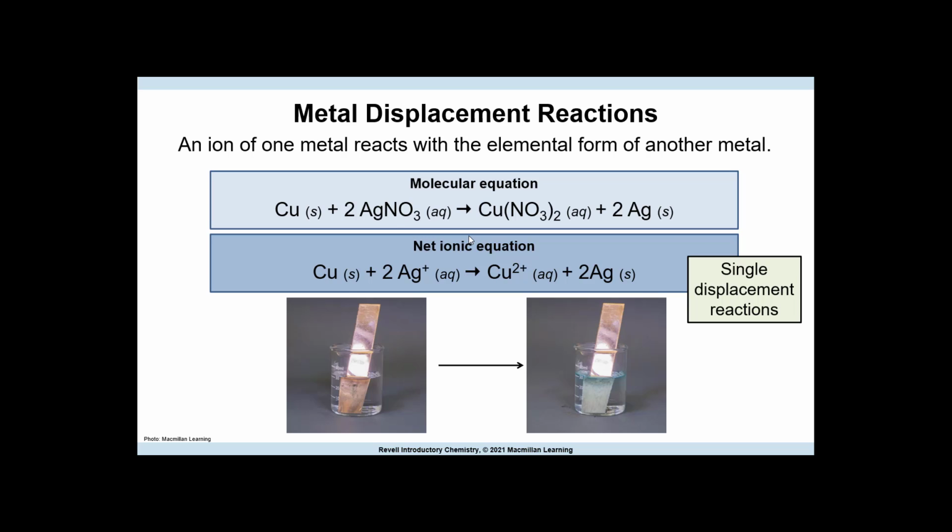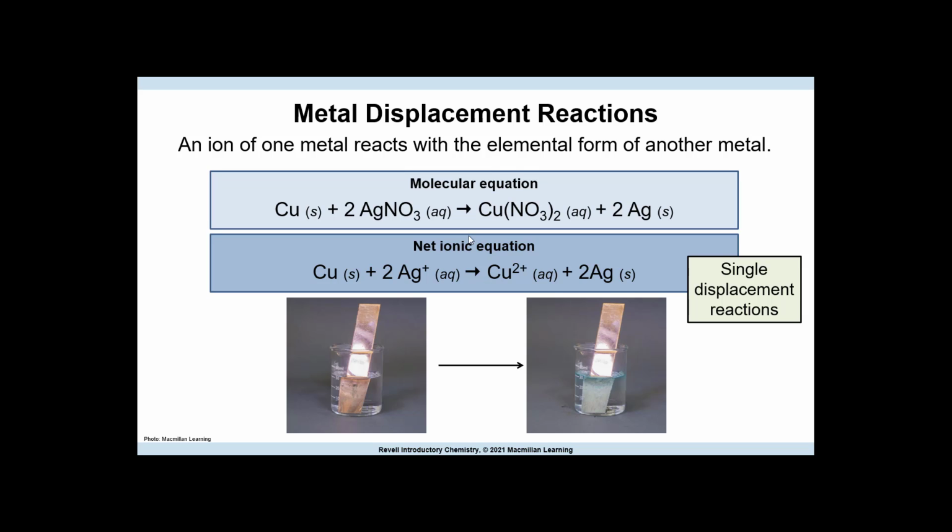In a metal displacement reaction, a solution containing the ion of one metal reacts with the elemental form of another metal, which means a solid. For example, if we place a copper bar in a solution of silver nitrate, the copper metal reacts with the silver nitrate to produce copper nitrate and elemental silver, meaning a solid. We can show this as a molecular equation or as a net ionic equation.